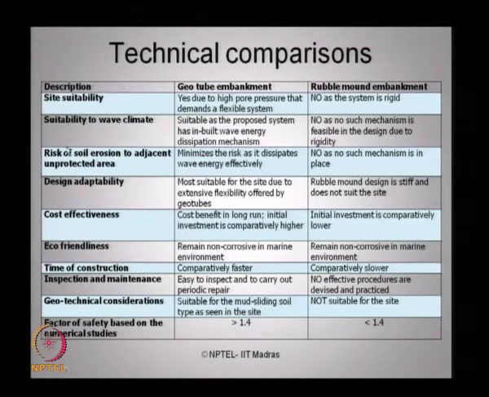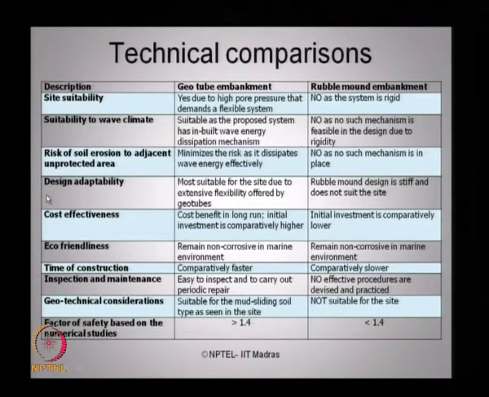If you look at the risk of soil erosion to the adjacent unprotected area where the embankment is constructed, the geotube embankment methodology reduces and minimizes the risk because it dissipates the wave energy in a more effective manner. Since the rubble mound embankment does not have a provision for dissipating wave energy at all, there is no guarantee that the adjacent unprotected area will not have soil erosion.